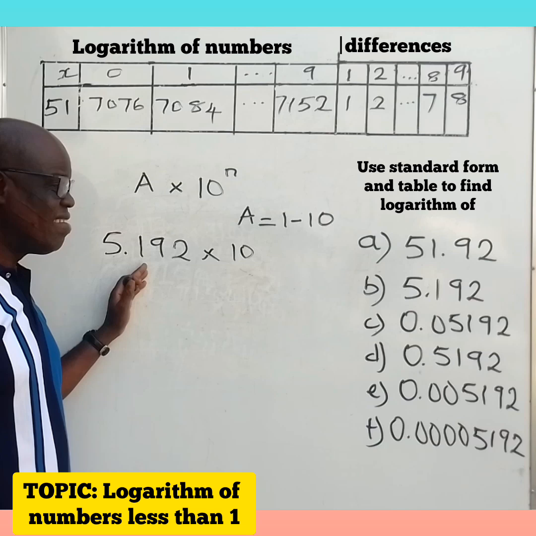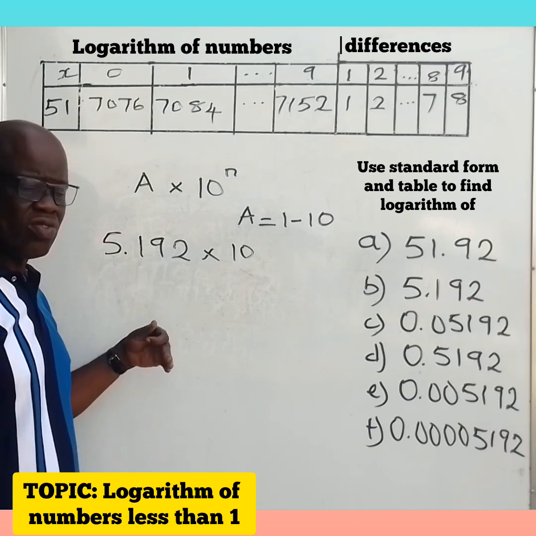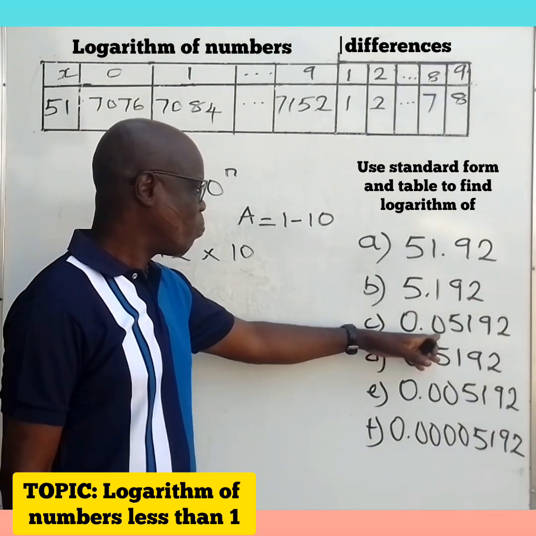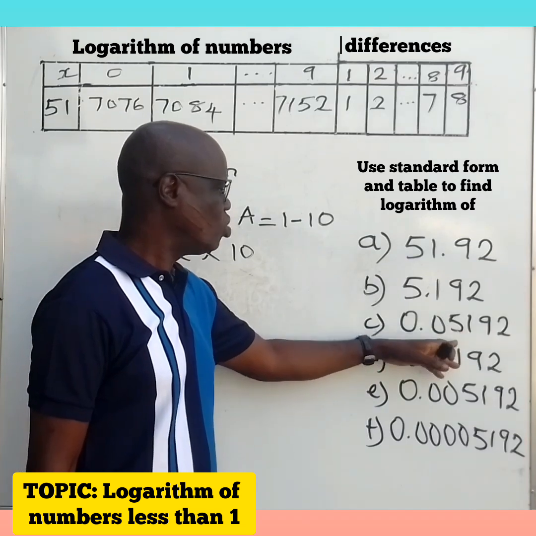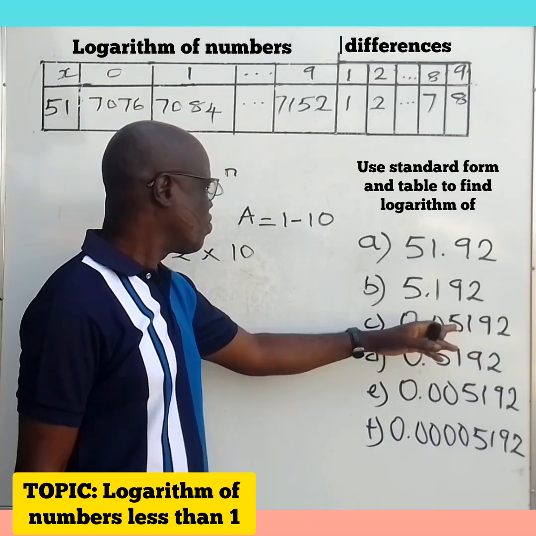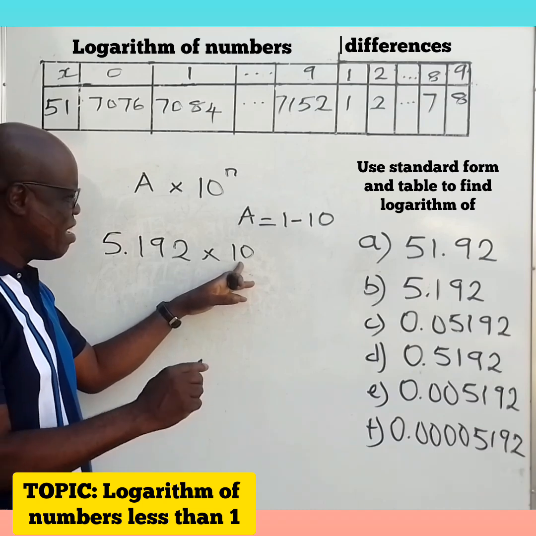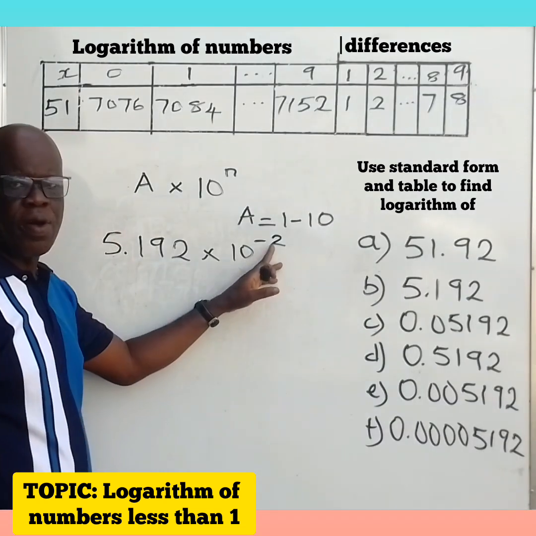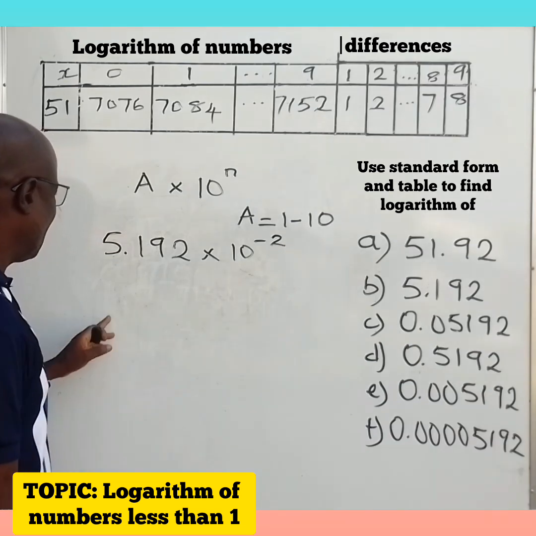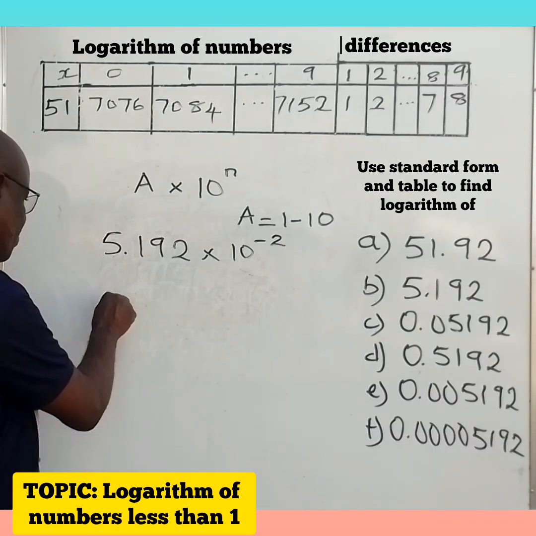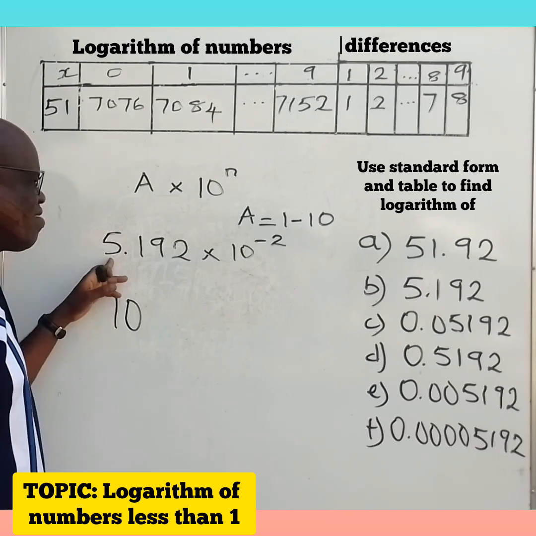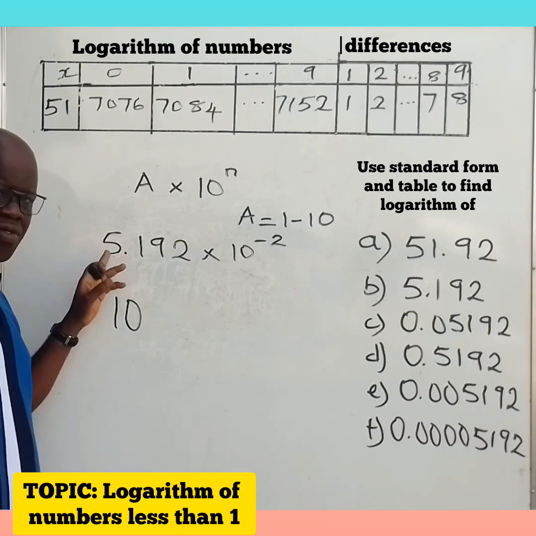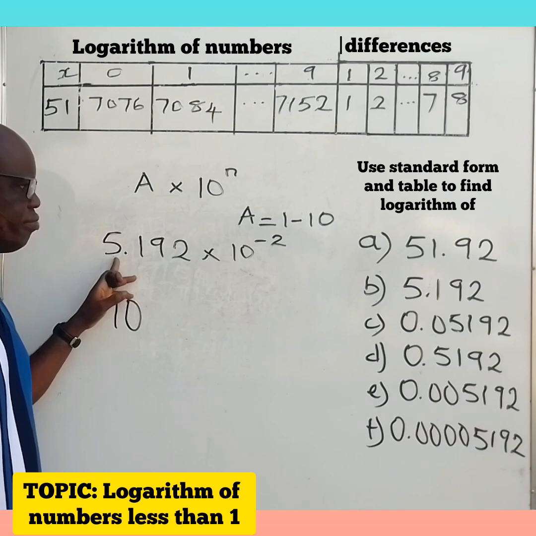Now, you have increased this number greatly, so you have to decrease it. You have multiplied it by 1, 2, that's 100. So now you divide it by 100. And by dividing by 100, that is 10 raised to the power minus 2. Now, find the characteristic of this. The characteristic of 5, this is 1.